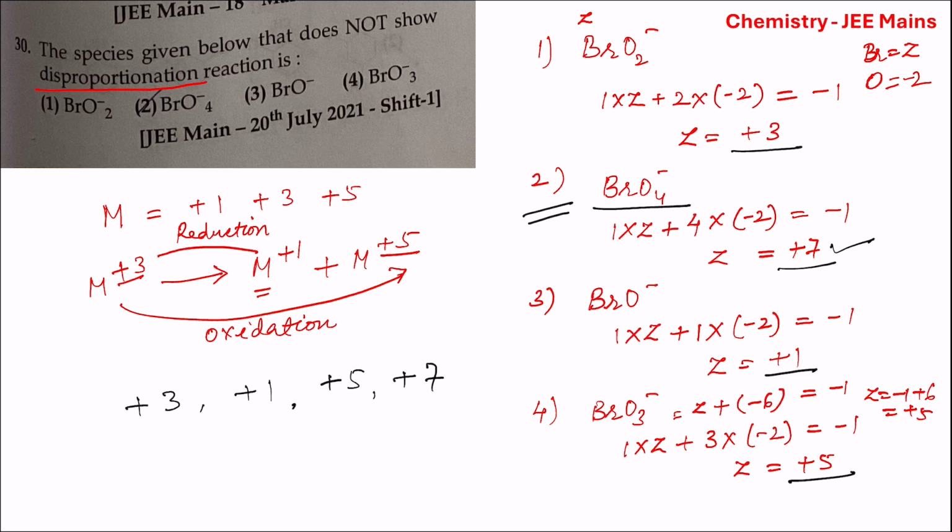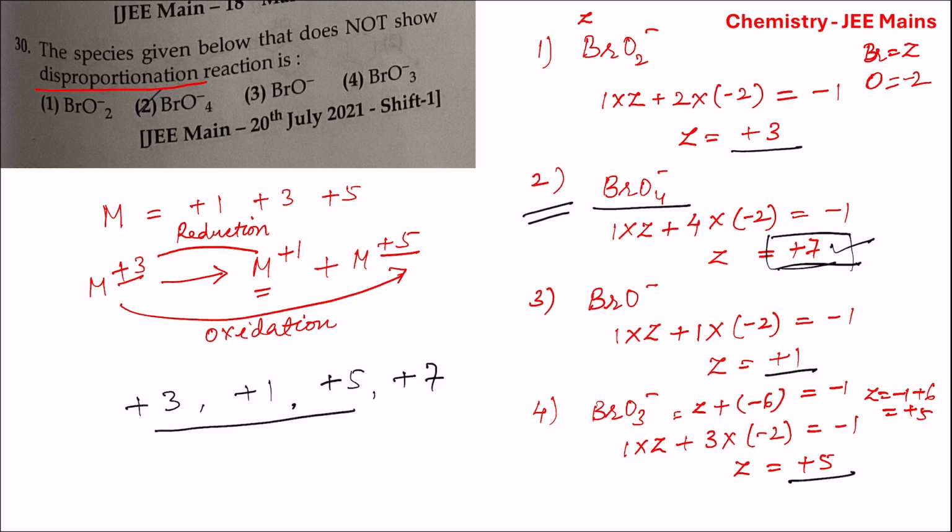So this species will not show disproportionation reaction because here bromine can undergo reduction and form a product having bromine in any of these lower oxidation states, but it will not be able to go into any higher oxidation state because plus 7 is the highest oxidation state which bromine can achieve.